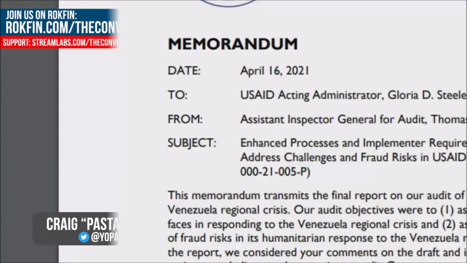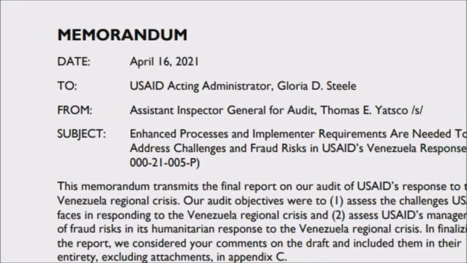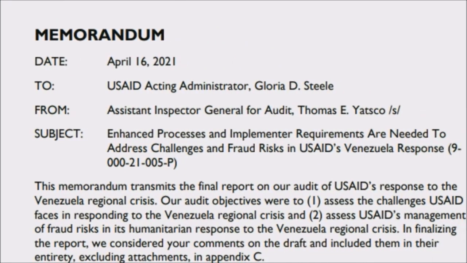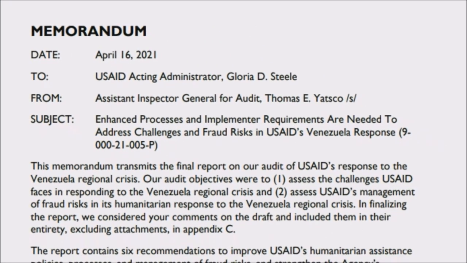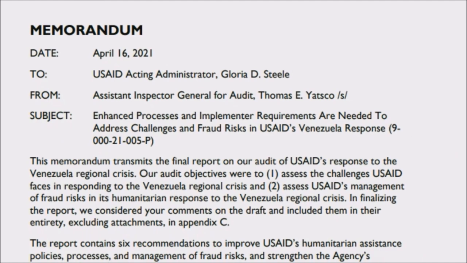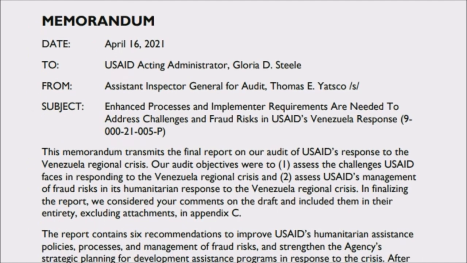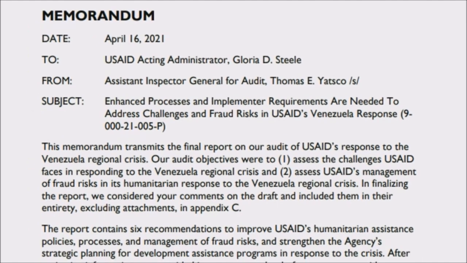And just so you guys get a brief idea as to what this is about: this memorandum transmits the final report on our audit of the USAID's response to the Venezuela regional crisis. Our audit objectives were to, one, assess the challenges USAID faces in responding to the Venezuelan regional crisis, and two, assess USAID's management of fraud risk in its humanitarian response.